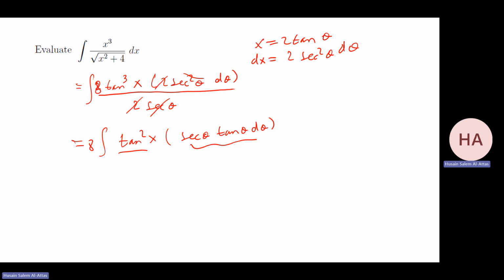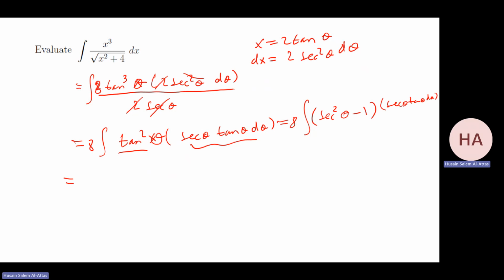So I take this one to be 8 secant squared theta minus 1, times secant theta tan theta d theta.